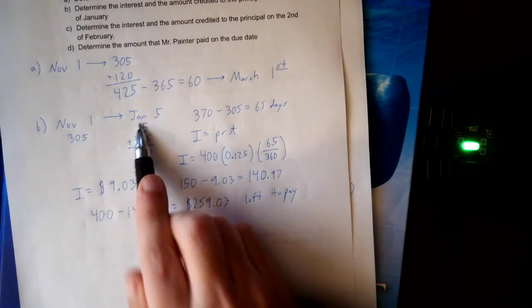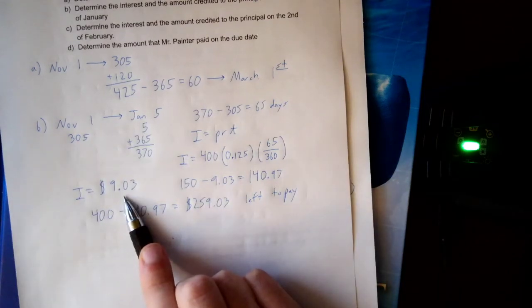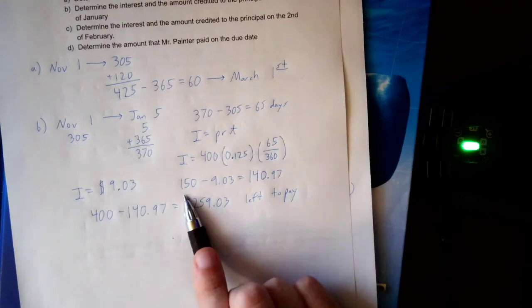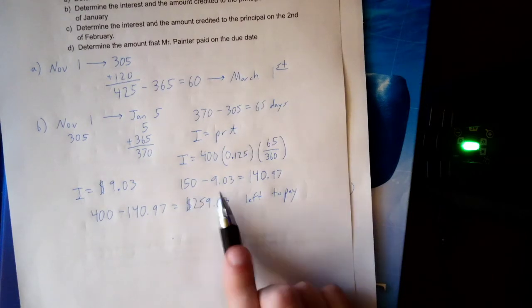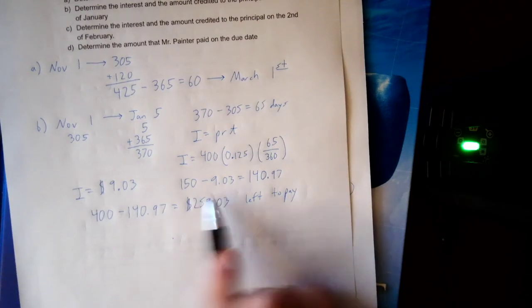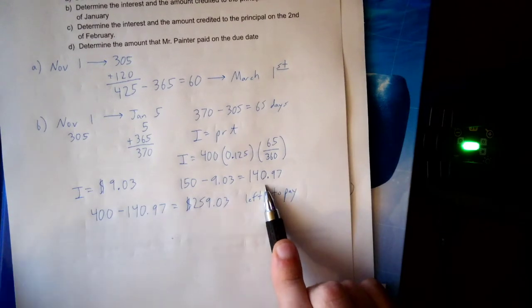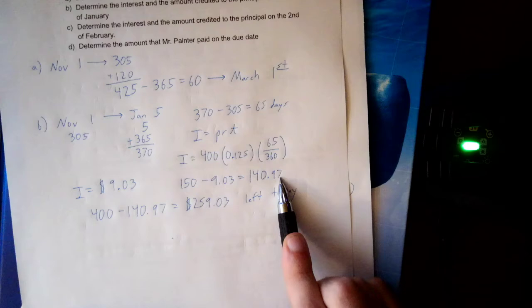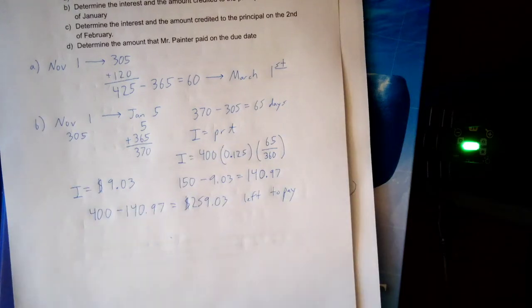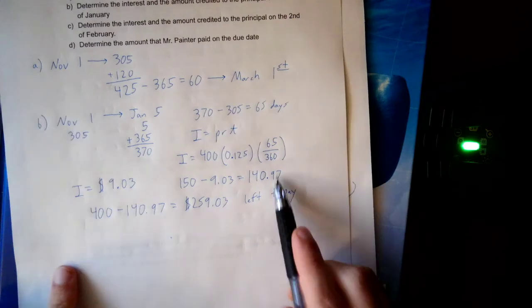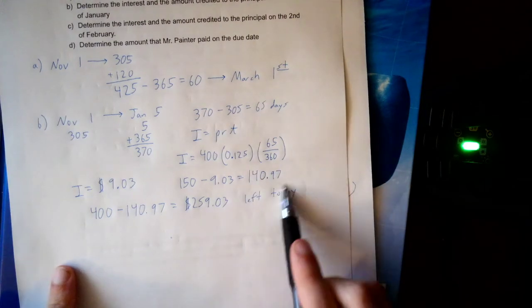From November to January, I got about $9 worth of interest. I then paid $150, 9 of which had to go to the interest first, which left me with $141 or so left over, right? We got to keep track of the decimals, but I'm just being generous with the numbers. I'm rounding them for the explanation, right? So this is how much was left to apply to the principal.